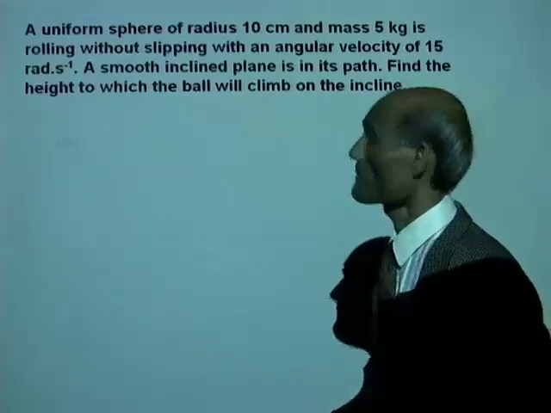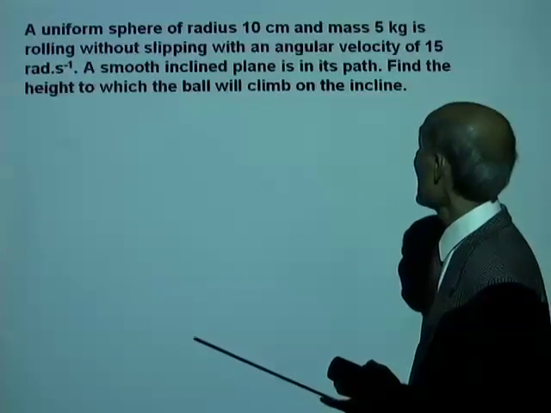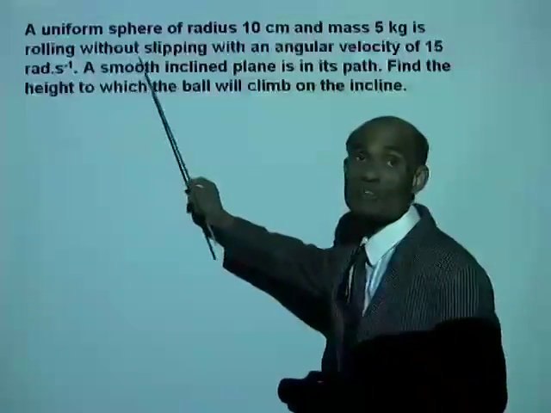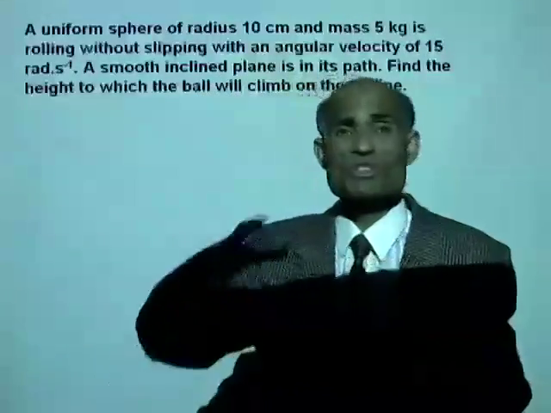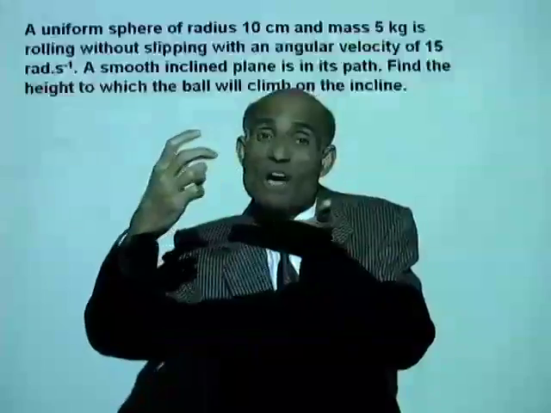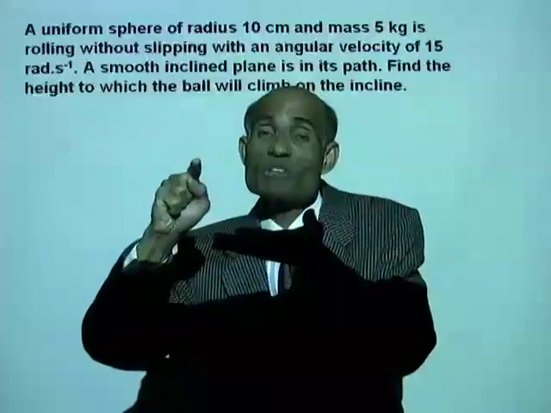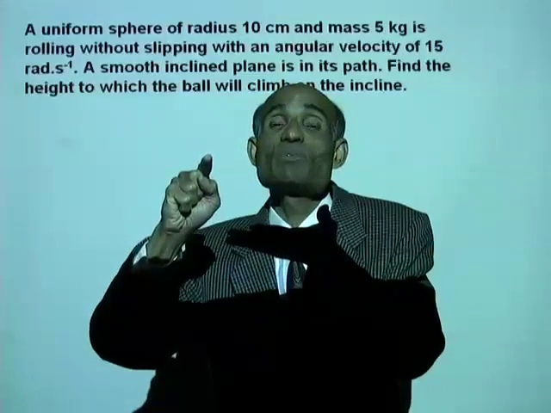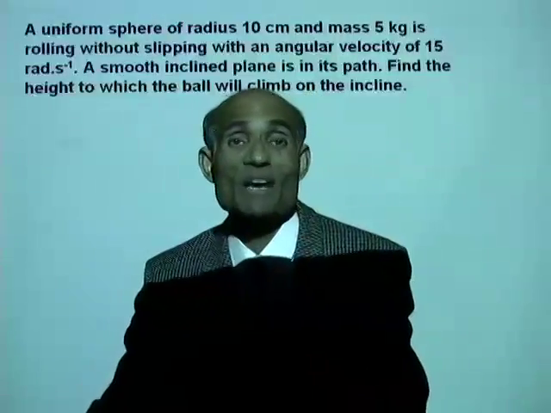Another one. A sphere of radius 10 centimeter and mass 5 kilogram is rolling without slipping. Now, one of the things you must consider when a body is rolling without slipping is that its center of mass will be moving with a velocity v center of mass, which will be equal to r omega, r times the angular velocity.